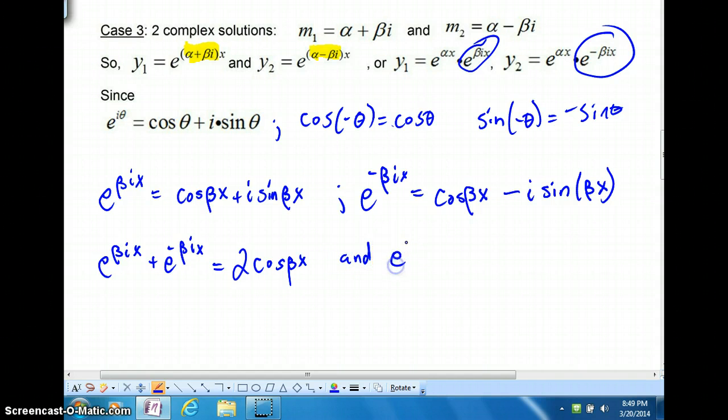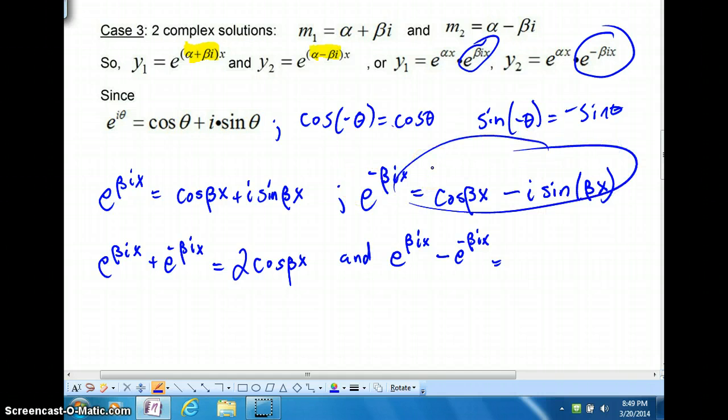We could see that if I wanted to subtract e to the beta ix minus e to the opposite beta ix, well, distribute a negative to this e to the opposite beta ix. Now you'd see that the cosines would cancel out, and the i sine beta x's would add together. Yes, there's an imaginary component here. It's 2i sine of beta x. So that's just a little bit of preliminary work that we're going to use.